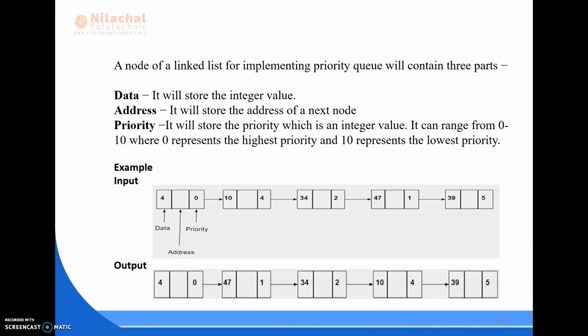It can range from 0 to 10, where 0 represents the highest priority and 10 represents the lowest priority. So here is an example of the data, the address part and the priority. And next we have the same data, address, and priority value.